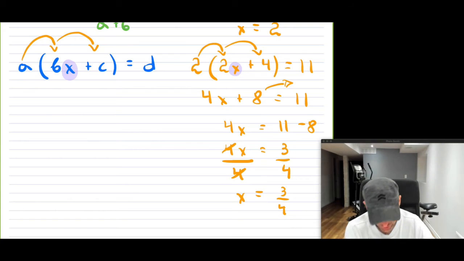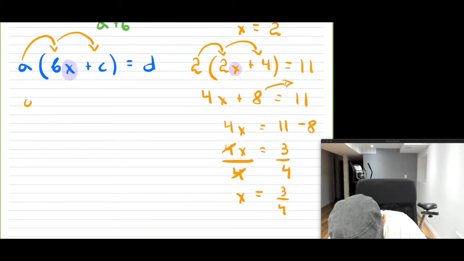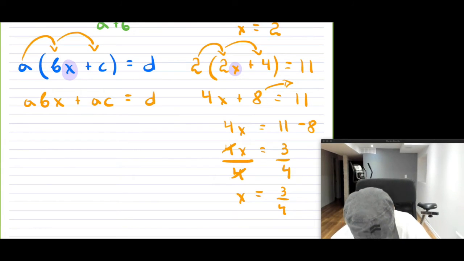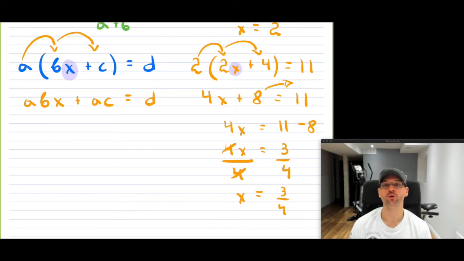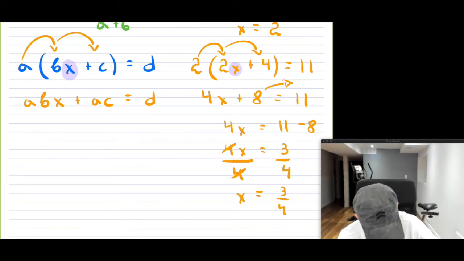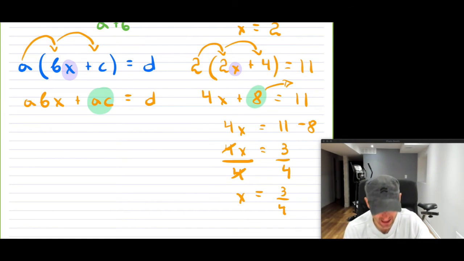All right, so I'm going to distribute this out. So I'm going to get a times bx plus a times c is equal to d. Notice, because I don't know those variables, that's the best that I can do. And now, just as we had in here, we moved the 8 over to the other side. Because I'm solving for x, I'm going to shift this ac to the other side.